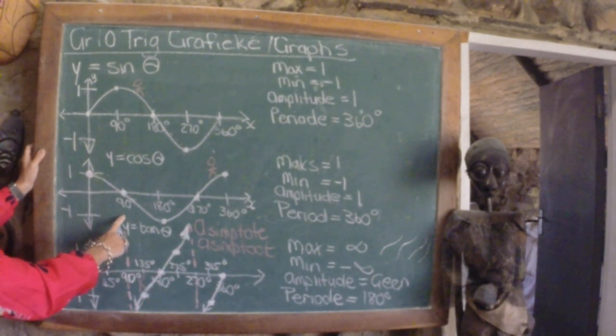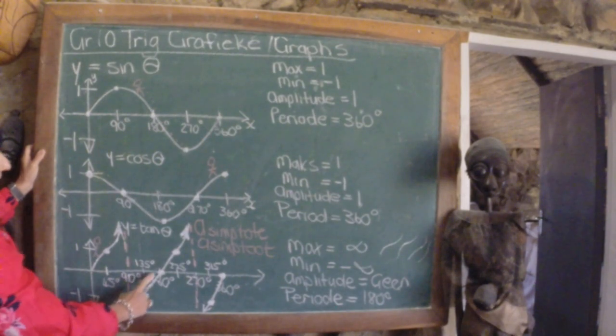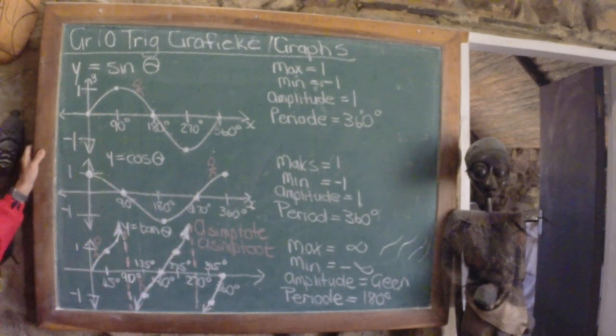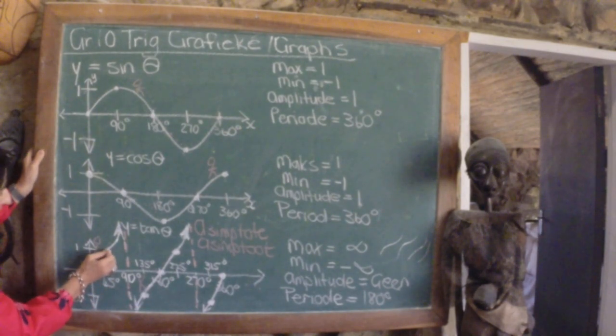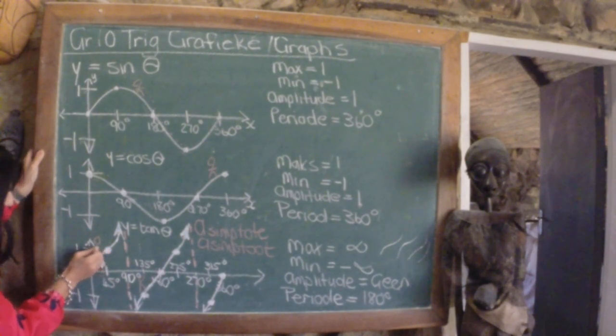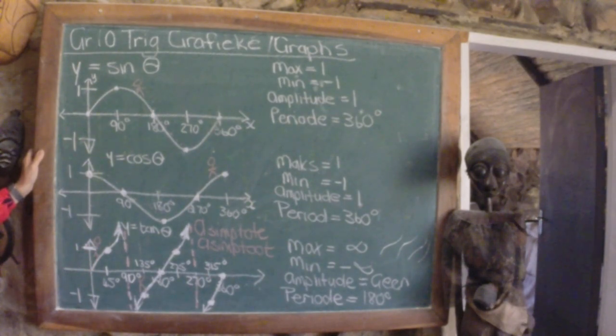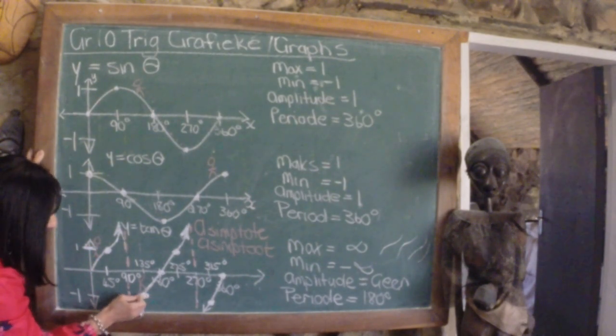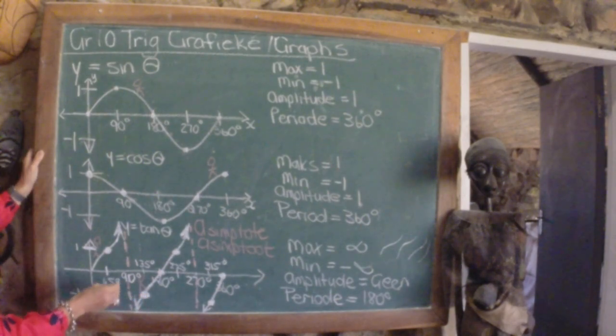My asymptote start at 90 and every 180 degrees there's an asymptote. You must study it like that. So by 45 het ek 'n kolletjie by 1. By 135, I've got a dot at -1.